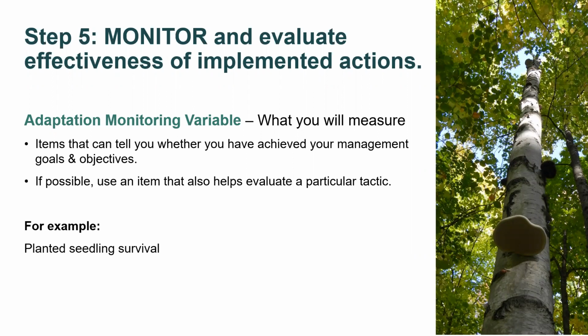One example here, when we see tactics related to the establishment of future adapted tree species, you might choose to monitor the survival rate of the planted tree seedlings. And it might be different from standard surveys, say of ground layer composition or forest inventory, because you want specifically to monitor at a higher density or more frequently because the things you have chosen to plant are outside of their current range.